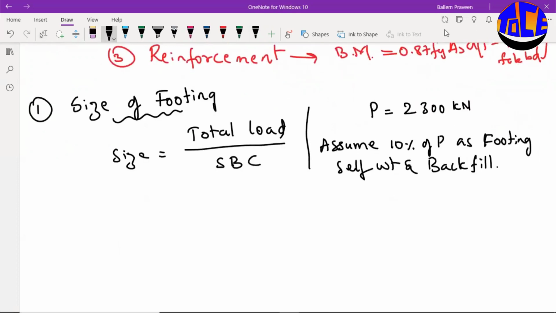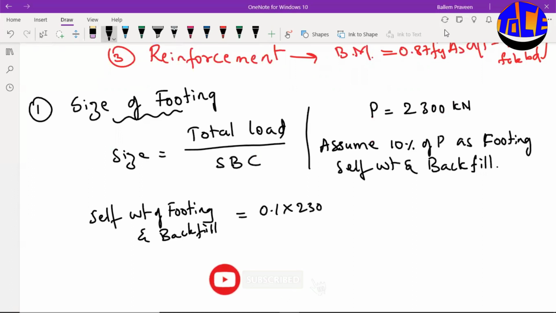So let us call it the self weight of footing as well as backfill, which is equal to 10%. That is 0.1 into 2300, so it will be 230 kilonewtons.